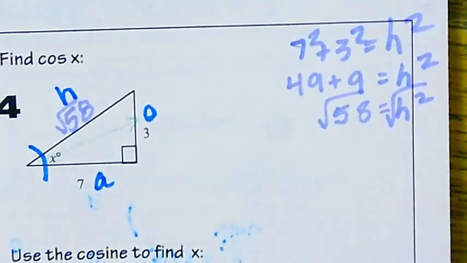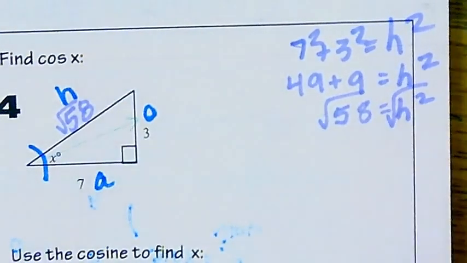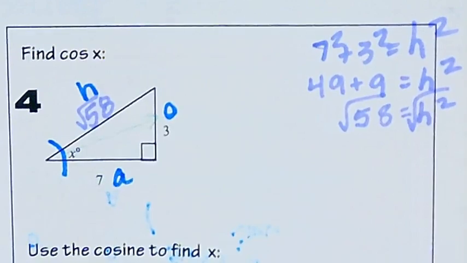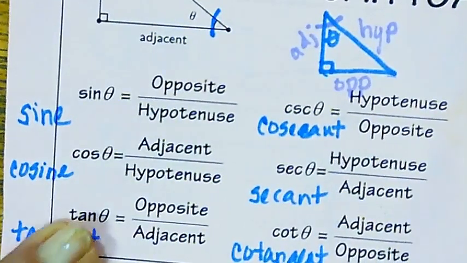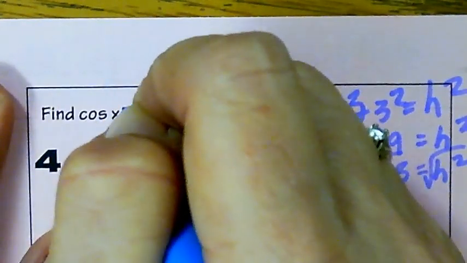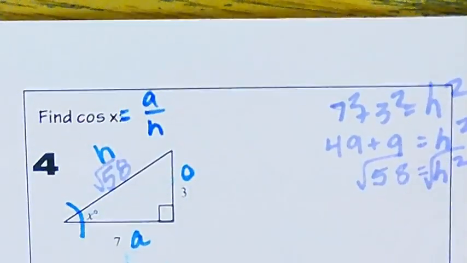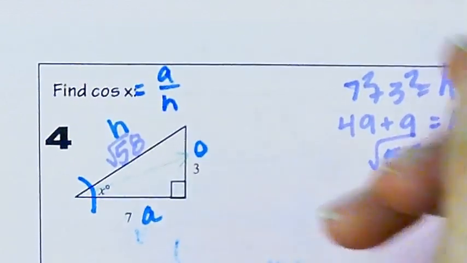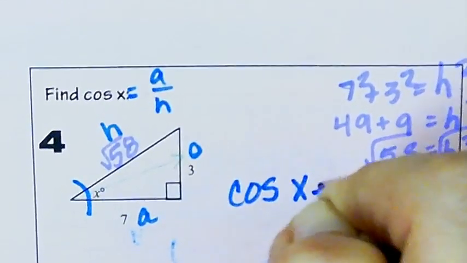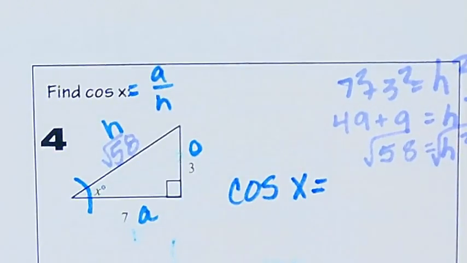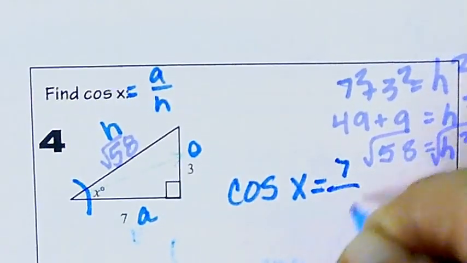So, the cosine, what's the definition of cosine? Adjacent over hypotenuse. So the cosine of x equals 7 over the square root of 58.